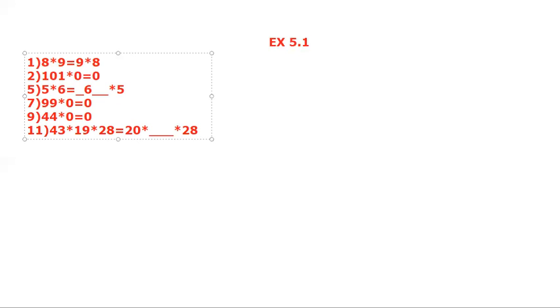So, you know, when the order is altered, there is no change in the product. So here, 19 is on the right side, 28 is also on the right side, but 43 is not there in the right side. So you will have to write 43. Isn't it so? Very easy.